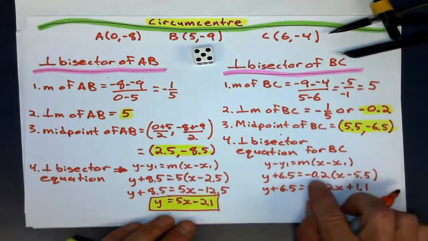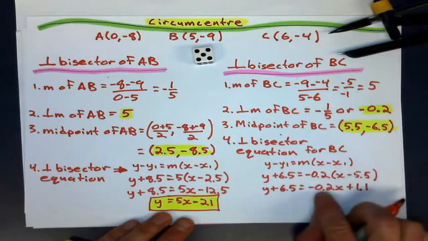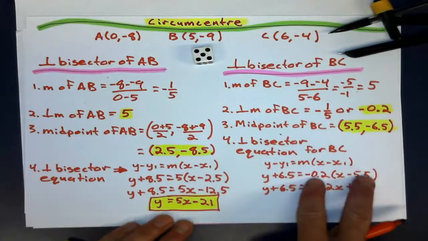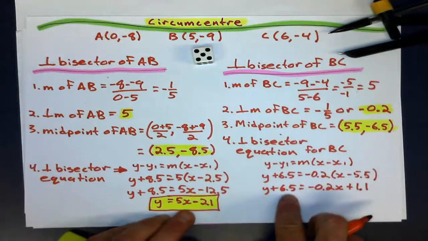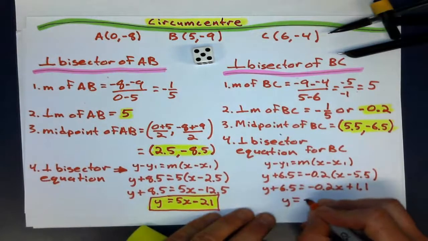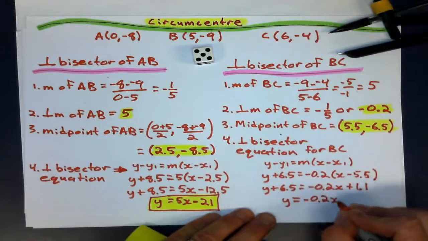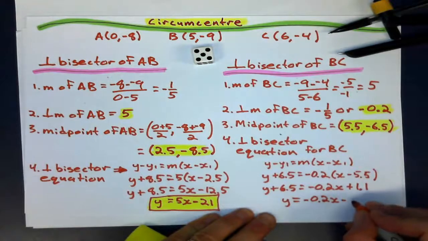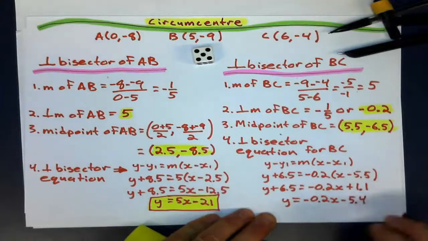When I multiply that negative 0.2 through, I get negative 0.2x plus 1.1. Remember, that's from multiplying these two together. Finally, subtracting that 6.5 from 1.1 will give me my equation of the perpendicular bisector for BC. And I get negative 5.4 when I do that.